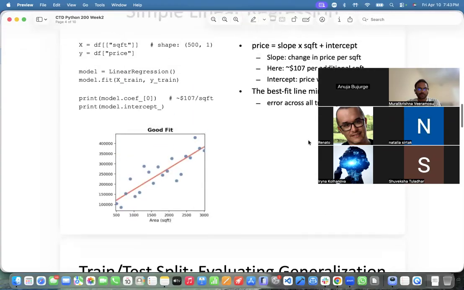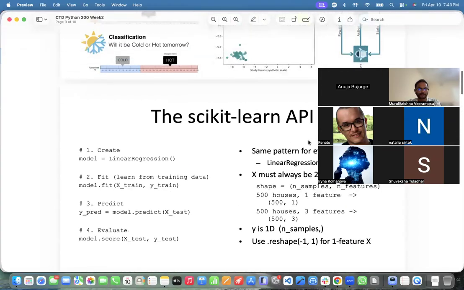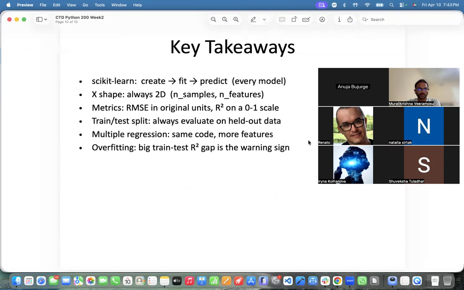I think that's all for today. We looked at scikit-learn, how to create the model, fit the model on the data and predict on the test set. Then we looked at root mean square error and R2, these are to measure the model performance.